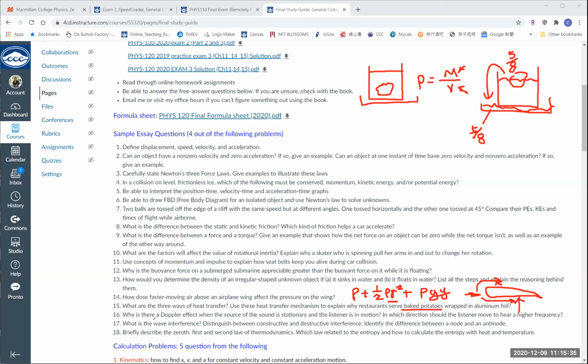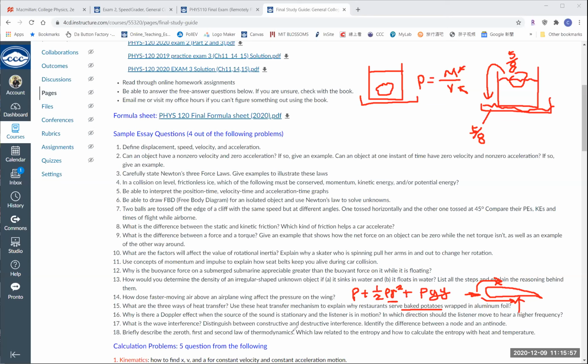Okay, 16 about the Doppler effect. We showed the Doppler effect at the last case of the last class. The Doppler effect is when either the source of the sound or the observer is moving.